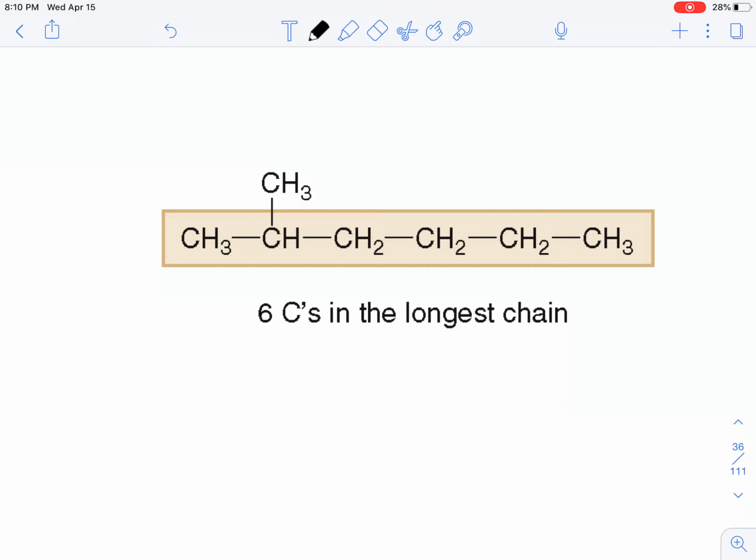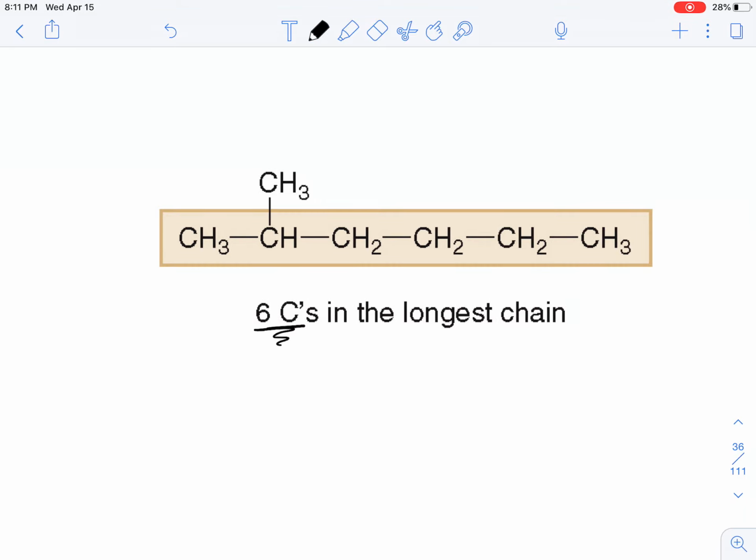When you say 6 carbons, you just need to have 6 consecutive carbons, and that is your parent chain. So your longest chain is known as your parent chain, and anything outside of that parent chain is going to be your substituent.